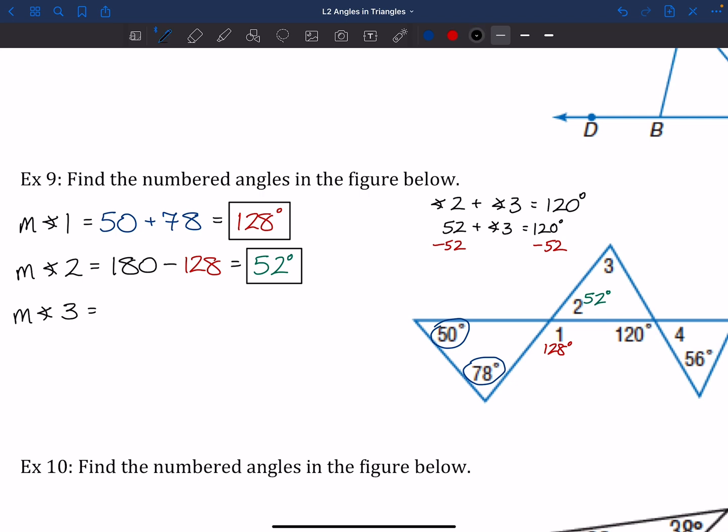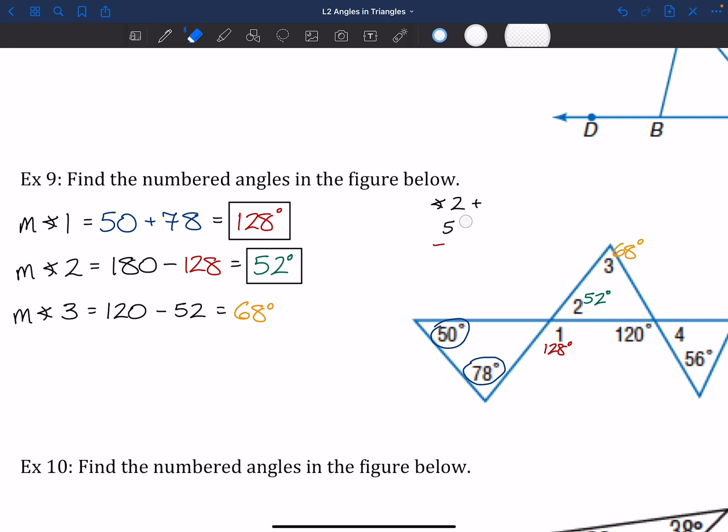So, I know I'm jumping around a little bit. Back over on the left side, the measure of angle 3 is going to be equal to that 120 minus that 52 that we get from angle 2. When we do that out, 120 minus 52 is going to leave me with 68 degrees. So that's how we can figure out the measure of angle 3.